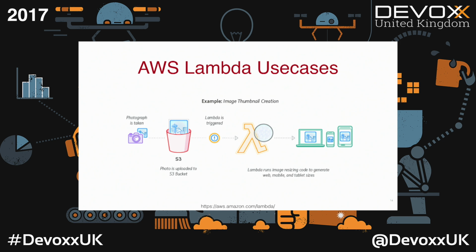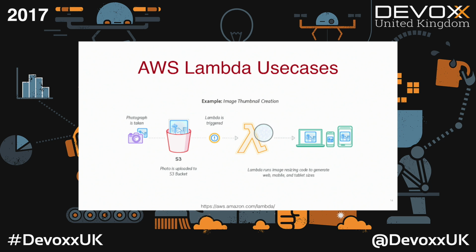What is the typical use case? Let's say you take a photograph and store it in an S3 bucket. As soon as it is stored in the S3 bucket, that generates an event. That event can then trigger a Lambda function.